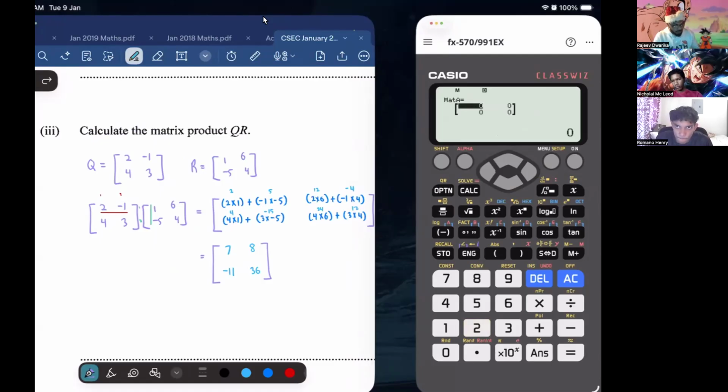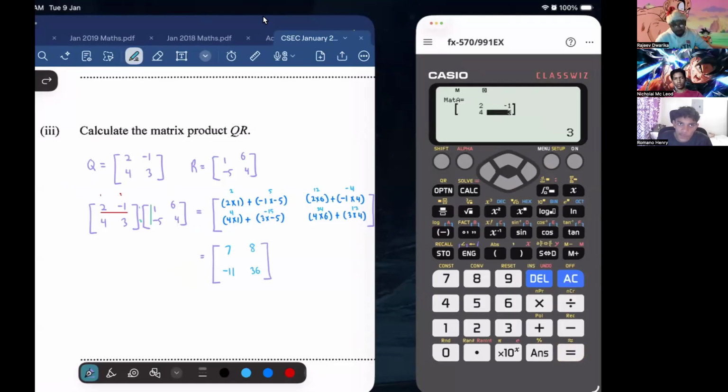Press 2, then press equal, that should lock it in. Then press -1, press equal. Then press 4, press equal. Press 3, equal, bam. All right, everybody with me? Yes, sir.